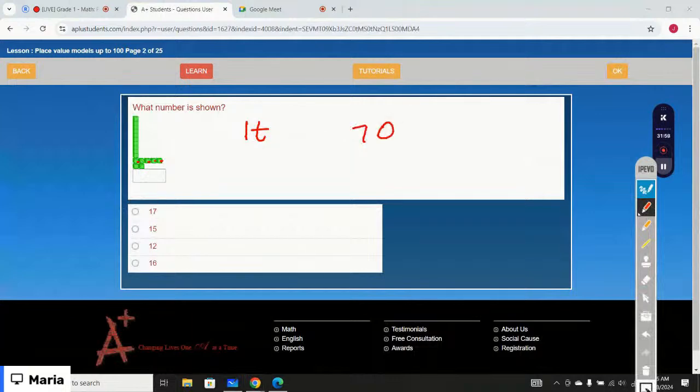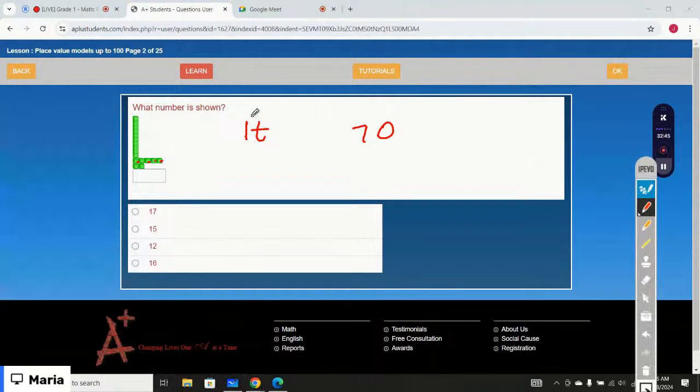So which digit do they make? That is 1 ten and 7 ones, and together they make 17.